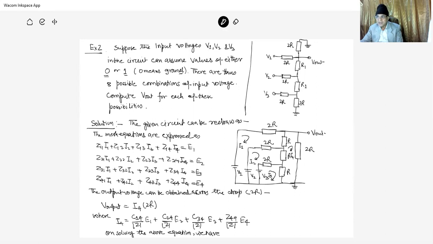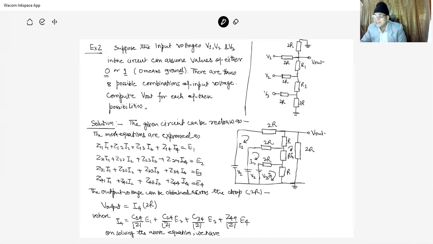So there are thus 8 possible combinations of input voltages. Compute the output for each of these possibilities. Means we have to find 8 outputs because 8 possibilities are given.